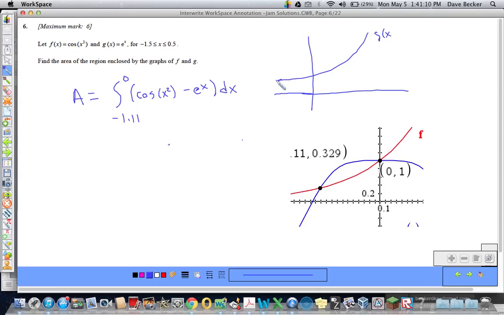And this is kind of a bad sketch, but it'll do. And this is f of x. Then you need to mark your intersection points, negative 1.110 and 0. That's all you need. Then all you have to do is crank that on your calculator.